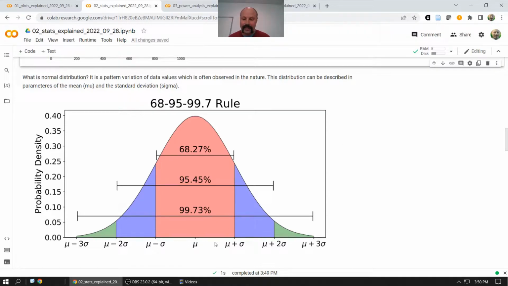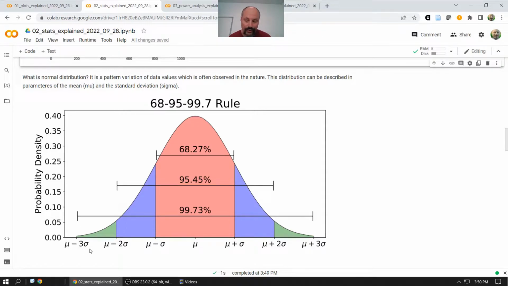So if you take the interval between mean minus standard deviation and mean plus standard deviation, you must have something like 70% of your data within this range. And obviously much more if you take 2 sigma interval or 3 sigma interval.